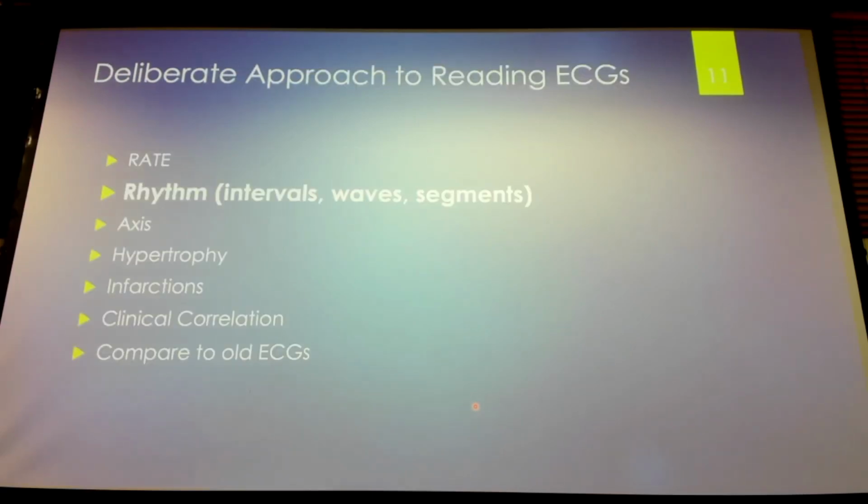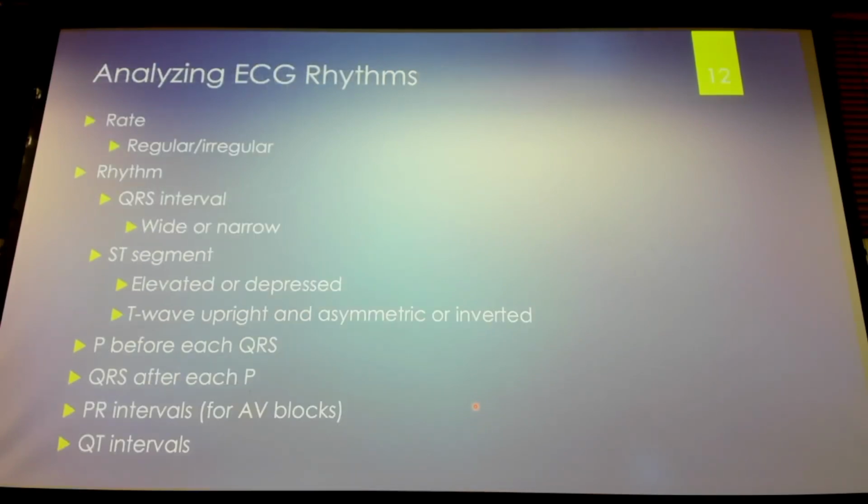All right. We're going to continue on with our deliberate approach to reading these ECGs. We've already talked about the rate. We're still in our rhythm component. We know part of the rhythm was trying to figure out if it's fast, and now we've got to figure out if it's slow. So we still want to figure out what the rate is, is it regular or irregular?